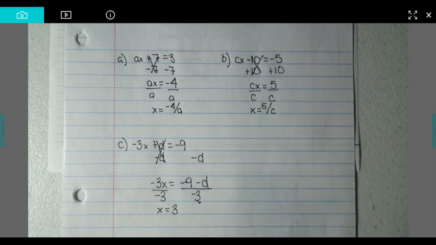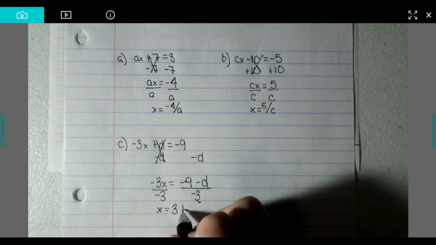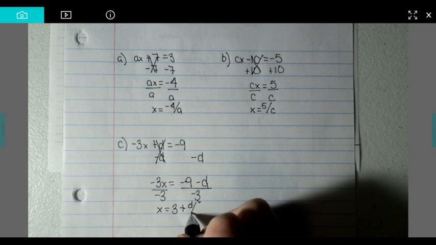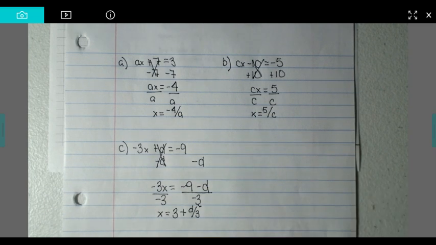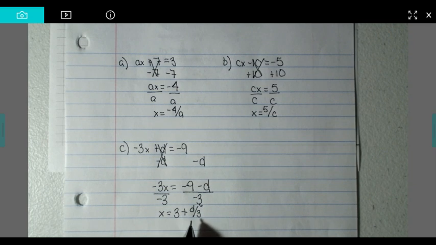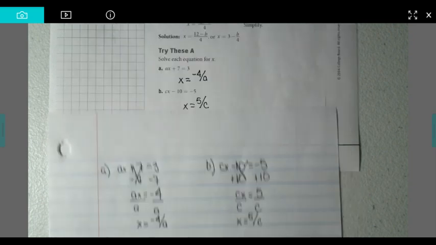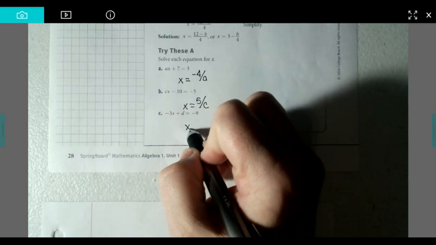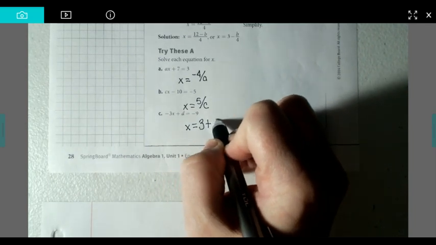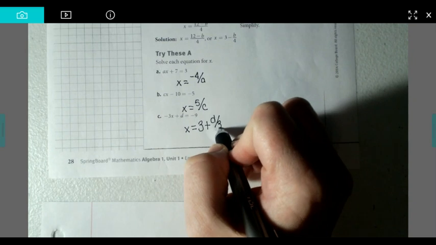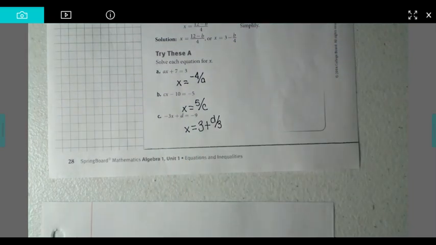Positive d over 3. So my final answer here would be x equals 3 plus d over 3. So that was x equals 3 plus d over 3. On to your debriefing questions.